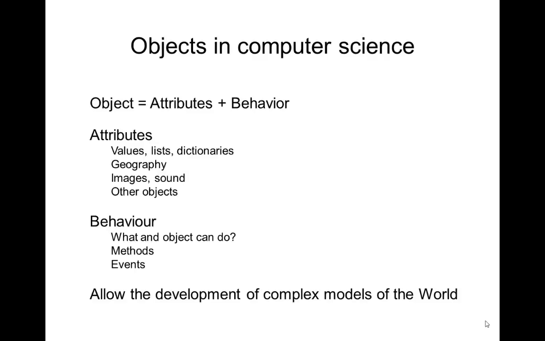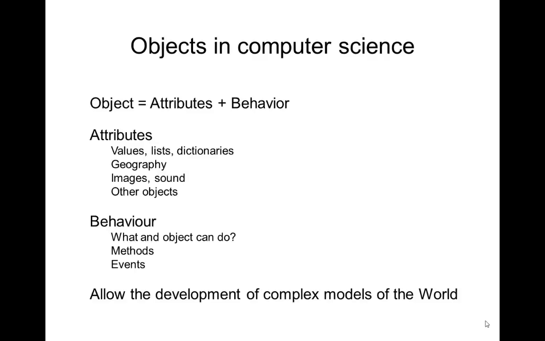They can be lists of things, multi-valued attributes. They can be geography, the geographic location of places. They can be images, sound, and indeed they can be other objects in the object model. So you can have an object being an attribute of another object. So these attributes can be quite a general list of different types.